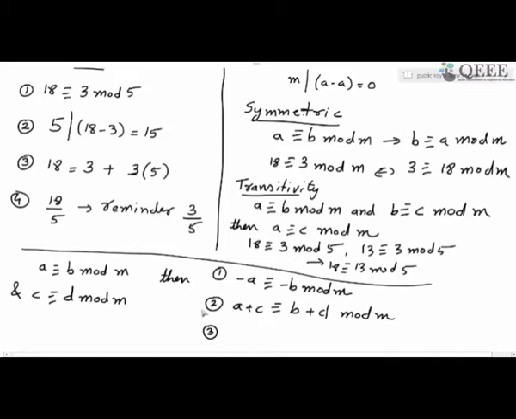So in this case, we are just adding these relationships, so A plus C is congruent to B plus D mod M, and now we can also multiply these as follows. So you can state that A into C is congruent to B into D mod M.